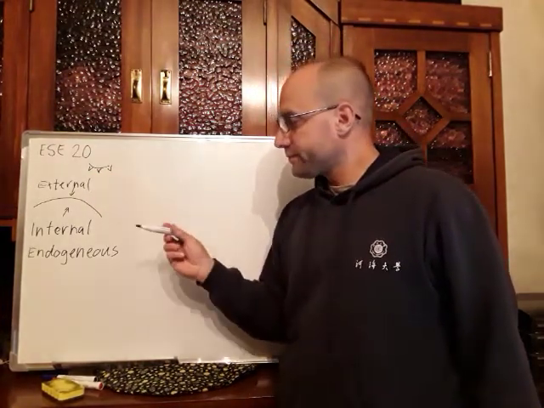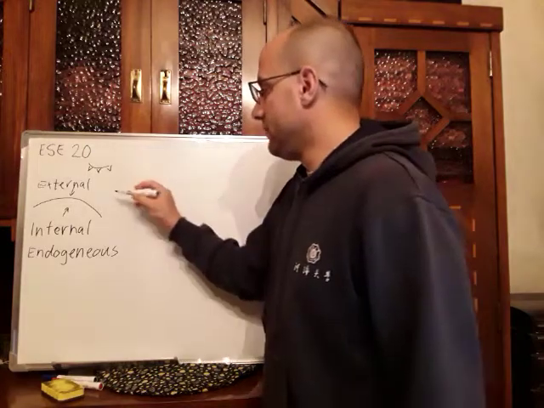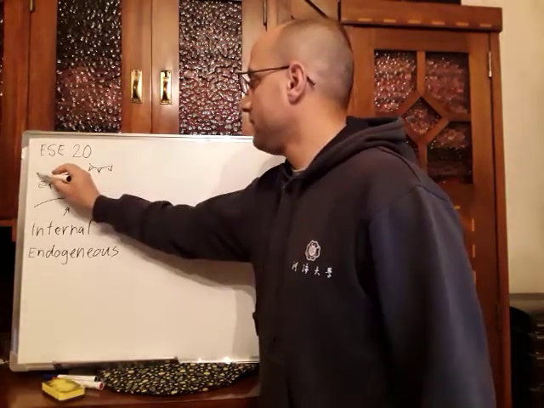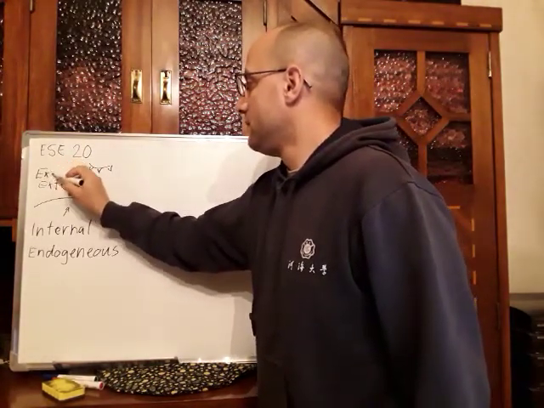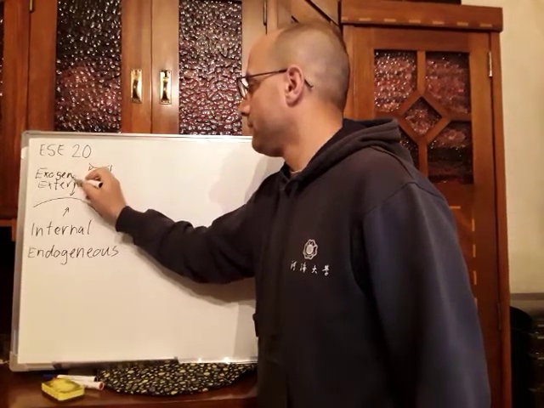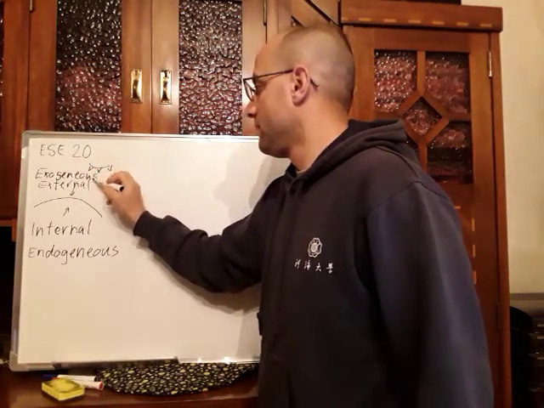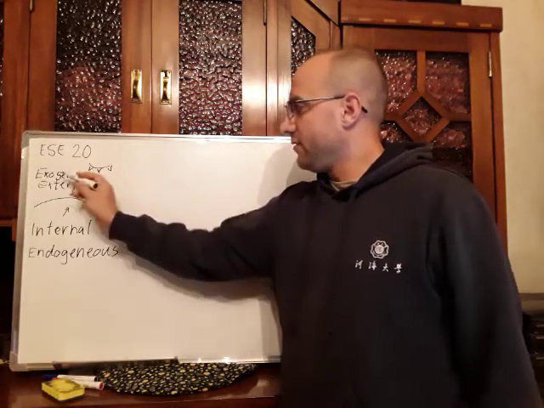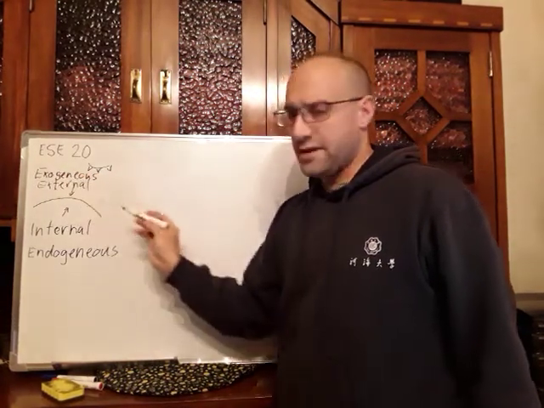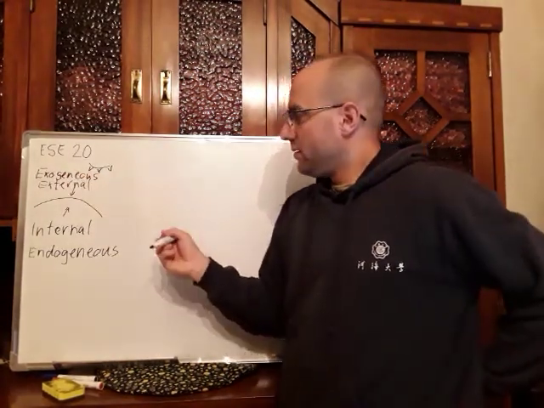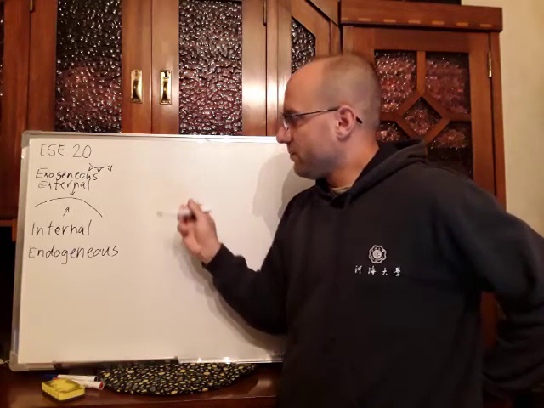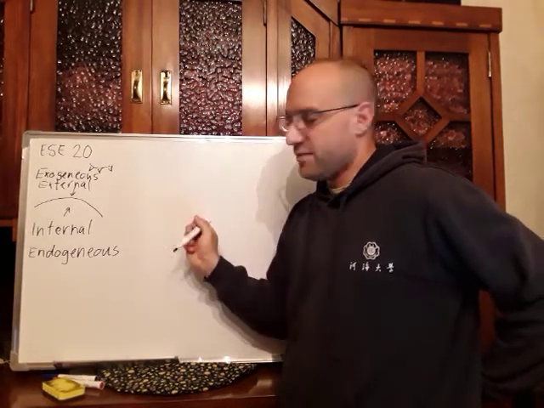And we can also call these then exogenous forces, as we have already seen in the lectures. So in the first and the second lecture, these are being discussed in more detail.